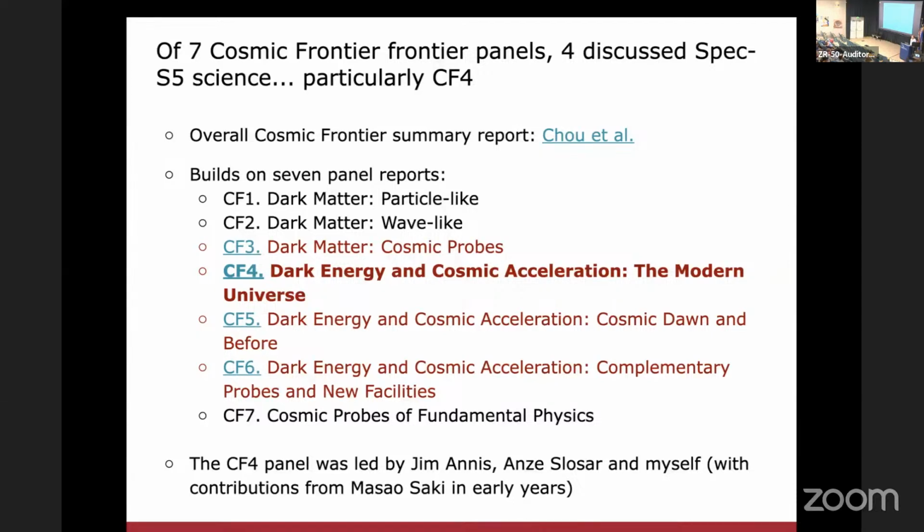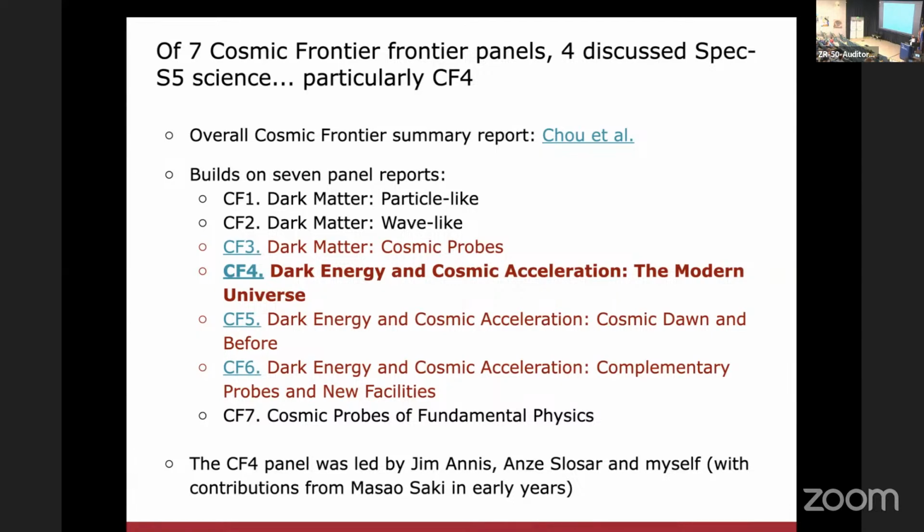As we've heard, the science for Spec-S5 goes far beyond dark energy and cosmic acceleration. Nonetheless, most of the focus on Spec-S5 was there, and most of this report focuses on Spec-S5. It's really the chief recommendation, the chief idea that helped organize our thinking.